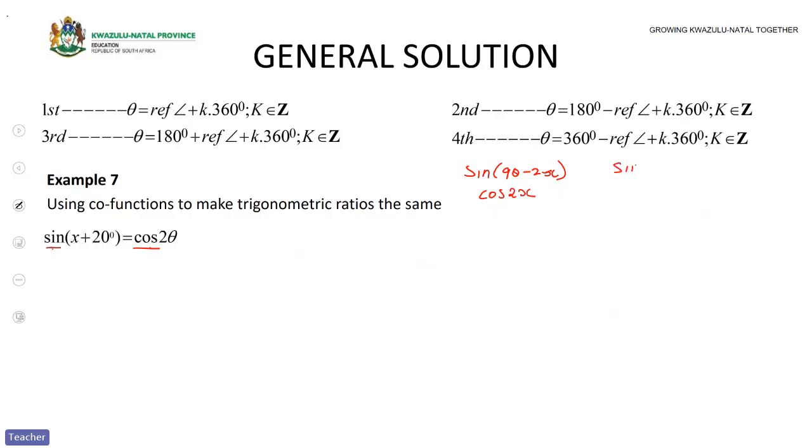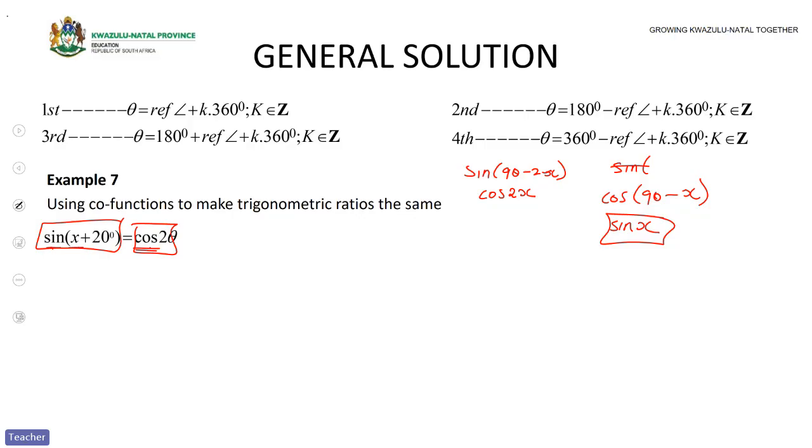Again, cos of 90 minus x is the same as sine x. So you need to change your cofunctions and make sure that they look the same so that you can equate the angles, because for now you can't do anything with the angles as we are dealing with two different things.